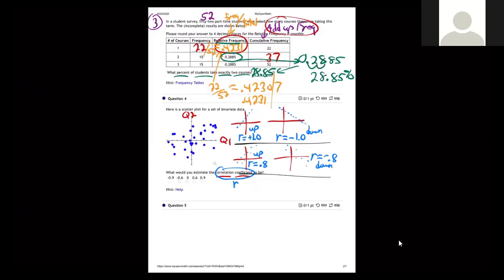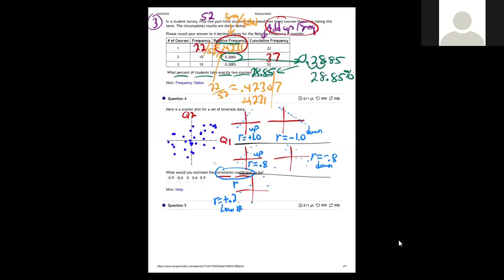What if we had our dots going up, but they're very, very scattered, very loose like that? We would say that R is maybe positive 0.2 or 0.1, or 0.3, something like that, some really low number.